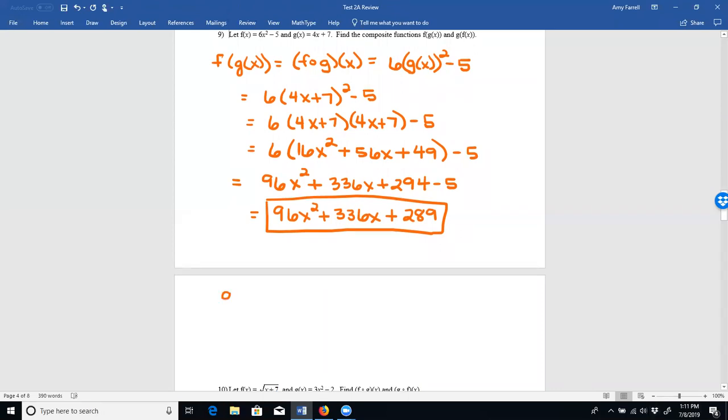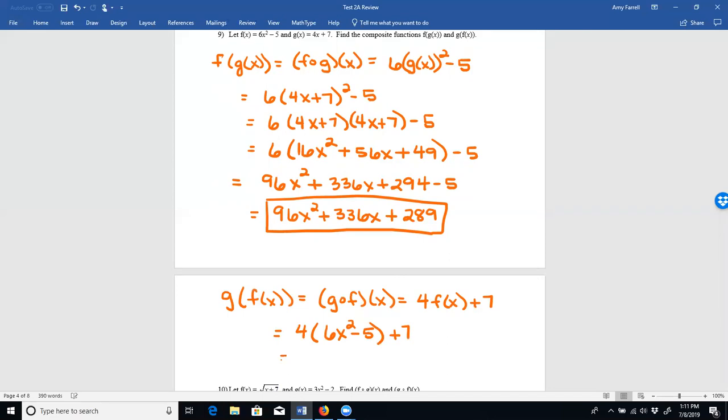Okay, so to find g of f of x, and this is equivalent to g circle f of x, this is when we take the function g, which is 4x plus 7, and in the place of the x, we put in the function f. So it's going to be 4 times the function f, which is 6x squared minus 5, plus 7.